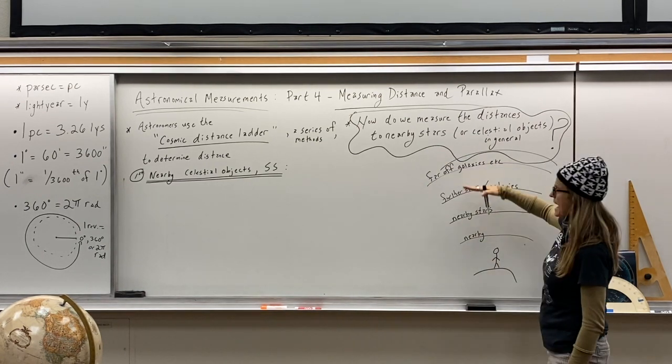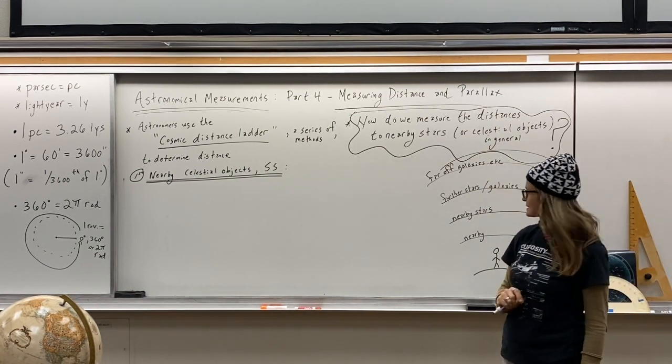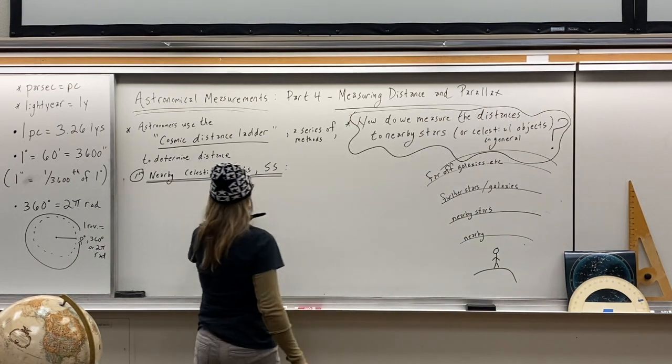Okay, we build this ladder of measurements all the way up to the edges of our observable universe. So, nearby celestial objects, well, what do we do?